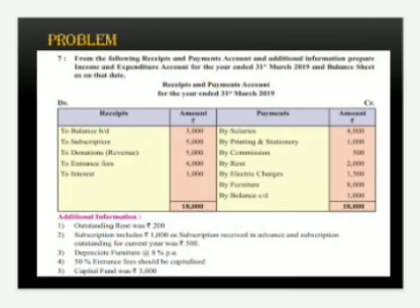And on the payment side: by salaries 4,000, by printing and stationery 1,000, by commission 500, by rent 2,000, by electric charges 1,500, by furniture 8,000, and whatever balance is there, that is 1,000, written over here.